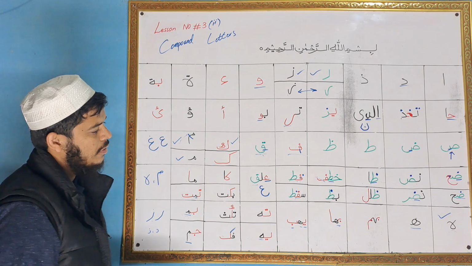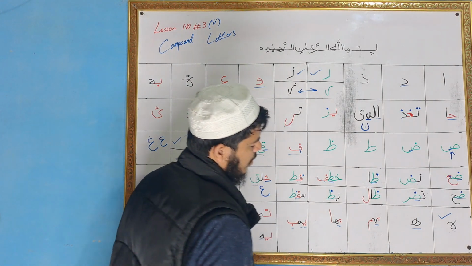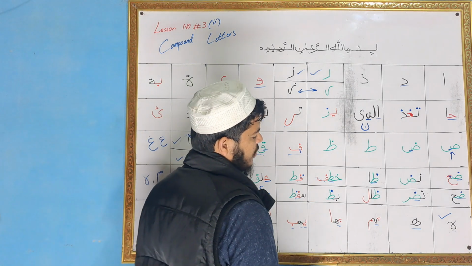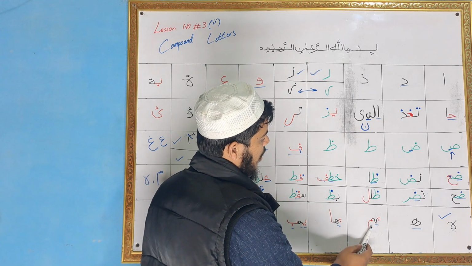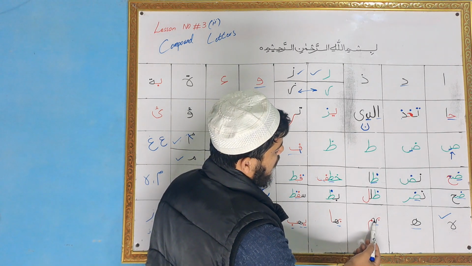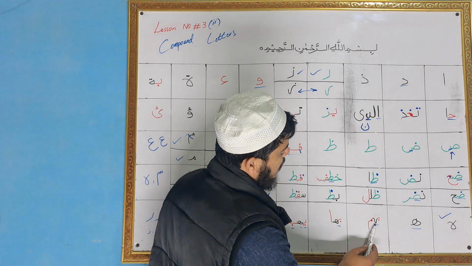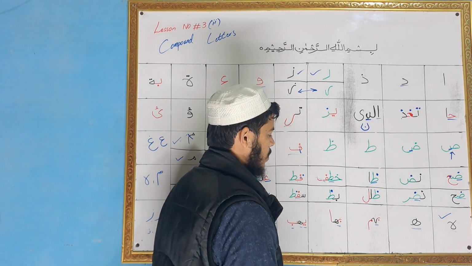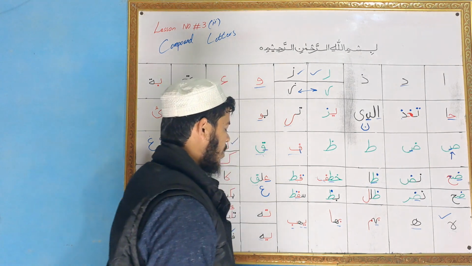This letter specifically, I think, comes only with this word, Ba, Ha, Mim. So you have to remember this kind of wave shape as Ha as well.